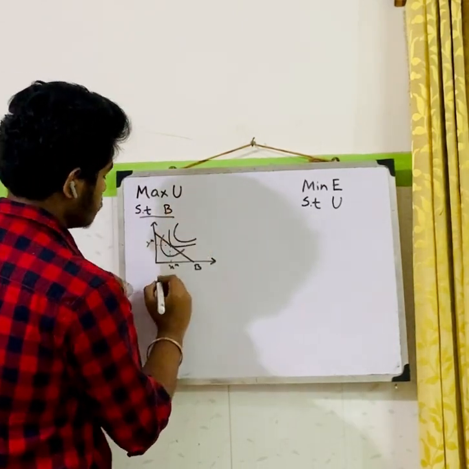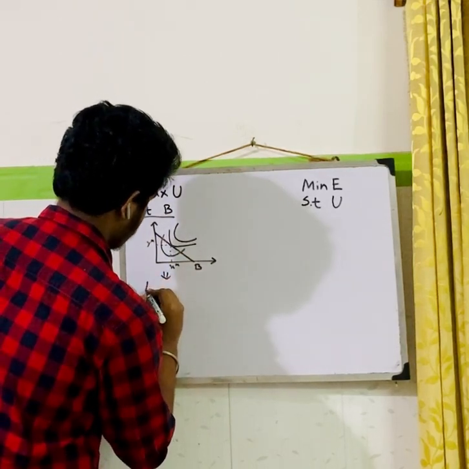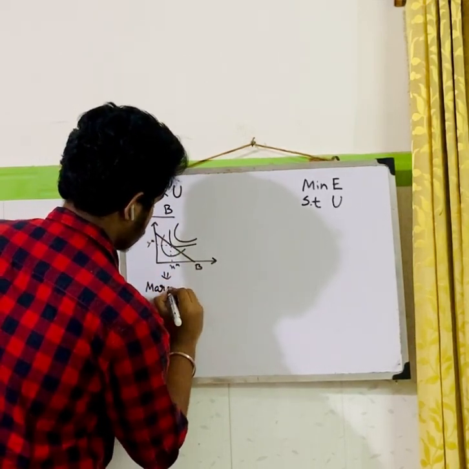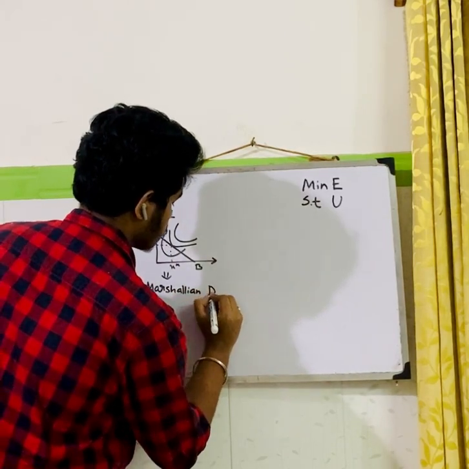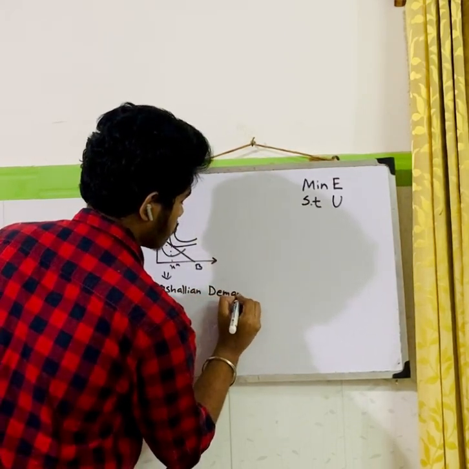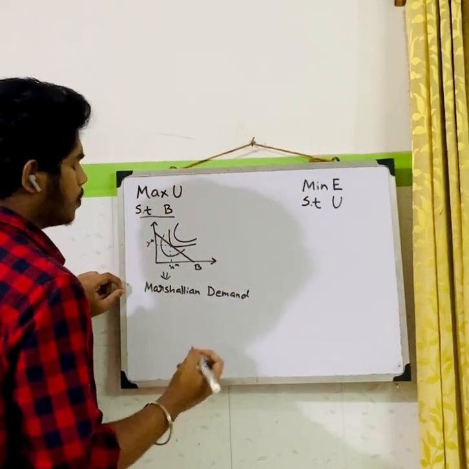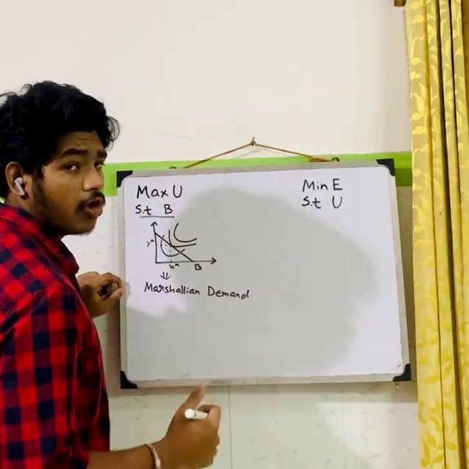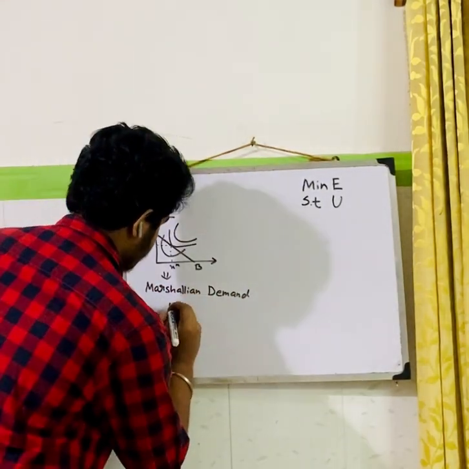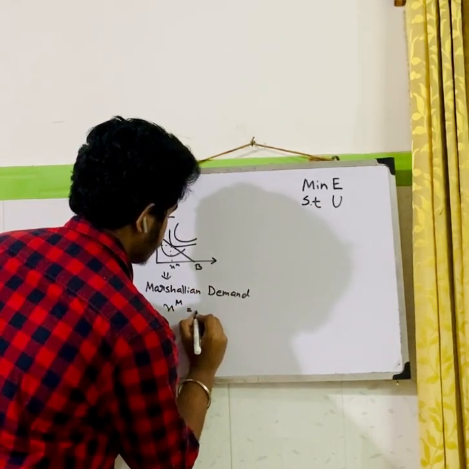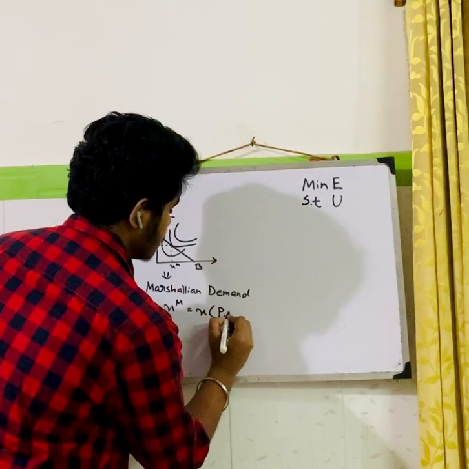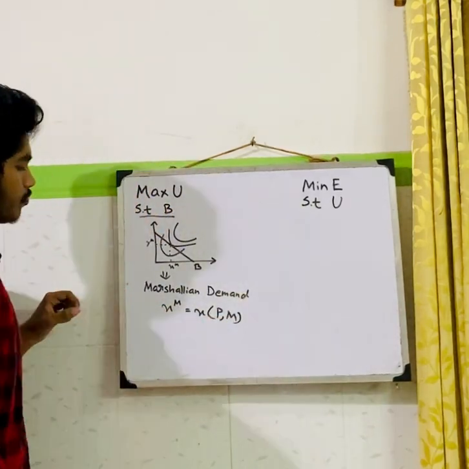So by solving this we get Marshallian demand. Now our Marshallian demand is a function of price and income.